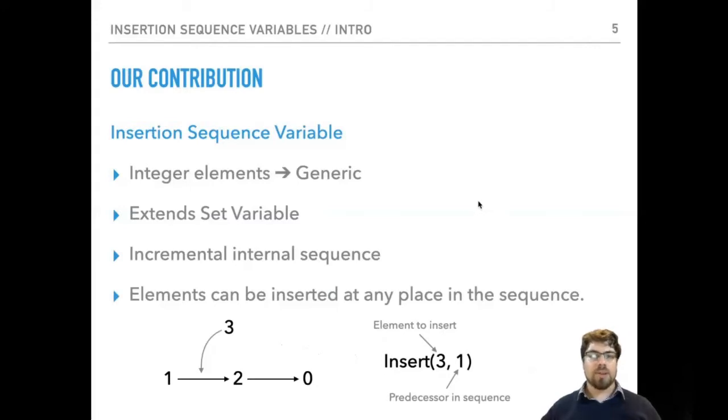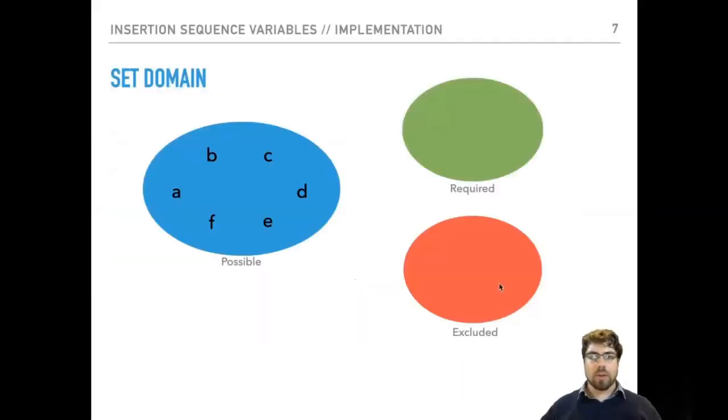Our contribution is a new implementation for a sequence variable that is based on insertions. So it allows adding elements at any place in the sequence during the search. The sequence contains integer elements, so it is a bit more generic, and it extends the set variable. So in order to implement the set domain, we use sparse sets.